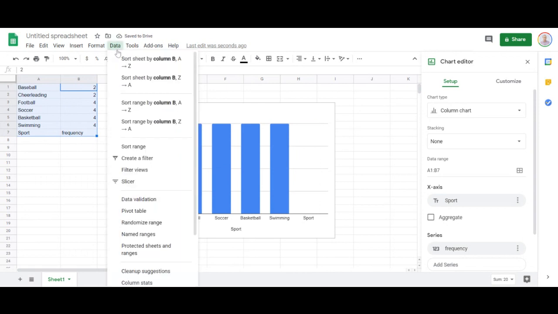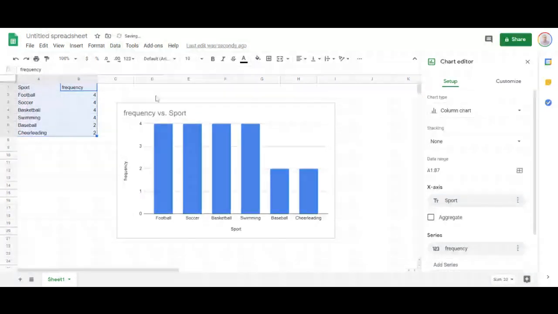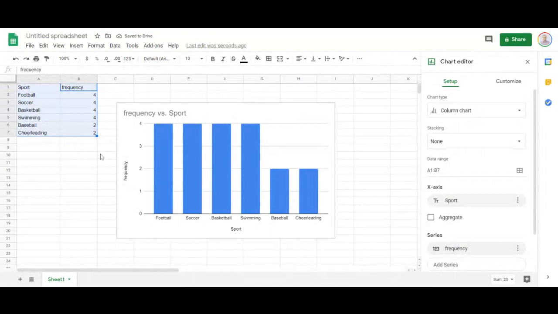So let's choose from Z through A. There we go. Okay. Good. Now we have our Pareto chart. As you can see, the first 4 all have 4, so it's the same height. Baseball and cheerleading are both at 2.